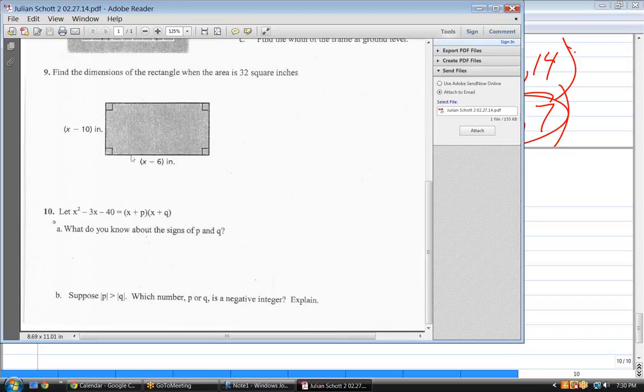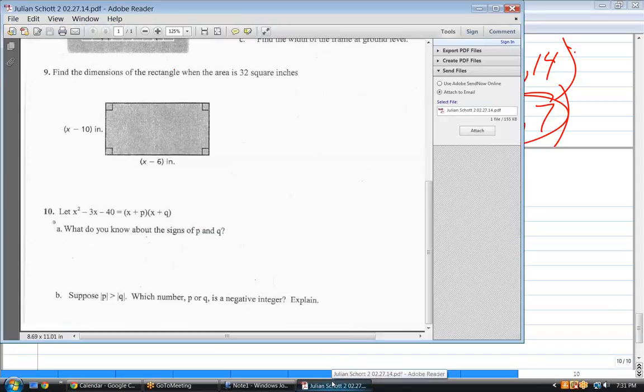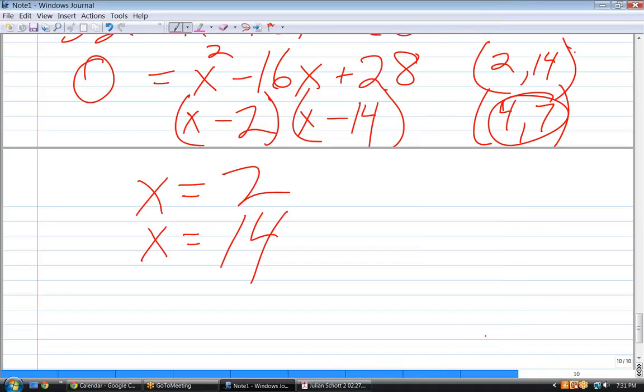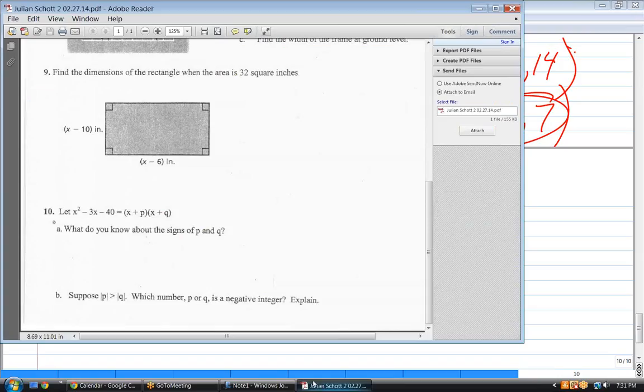And whenever we're dealing with dimensions, we have to keep everything positive. So x equals 2 isn't a solution. That's called an extraneous solution. I cross it out. The only one that I'm going to use is x equals 14, which makes my dimensions 4 by 8, which gives me an area of 32.